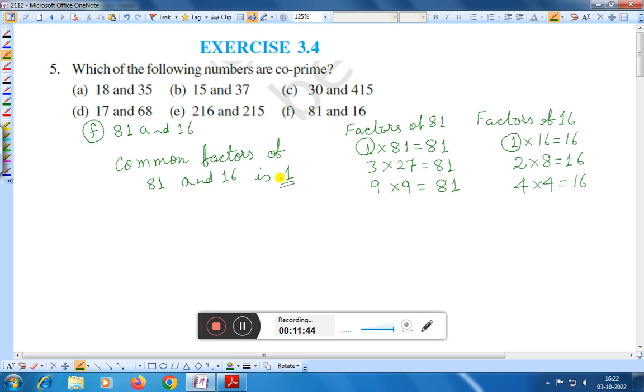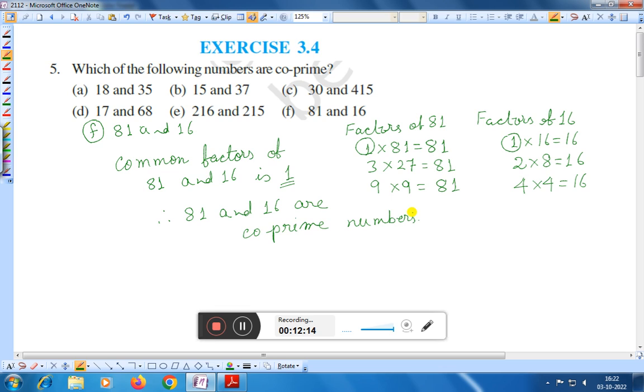If the common factor is only 1 between two numbers, then the numbers are said to be co-prime numbers. Therefore, 81 and 16 are co-prime numbers.